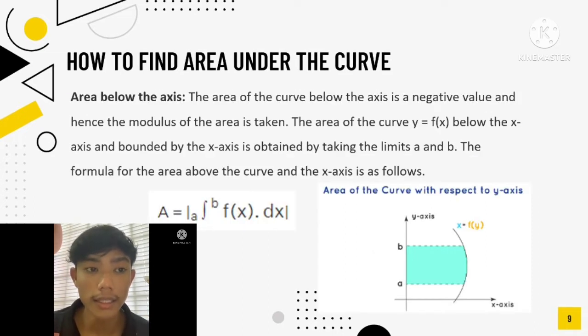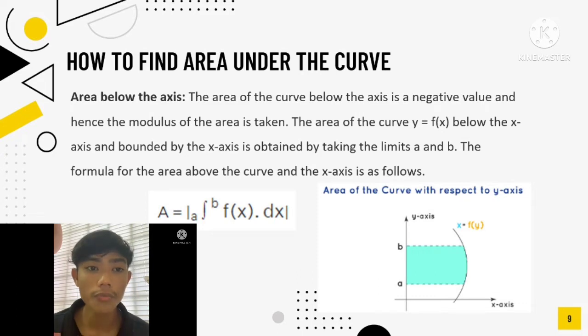And the next slide, how to find area under the curve. Area below the axis: the area of the curve below the axis is a negative value, and hence the modulus of the area is taken.